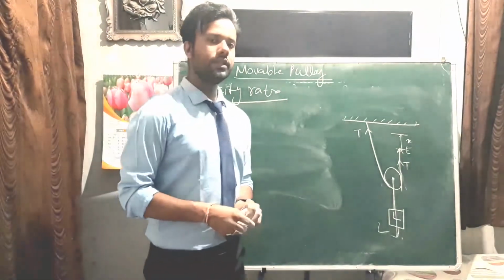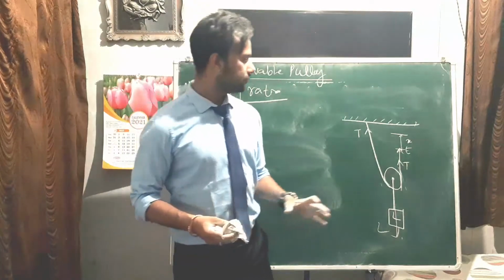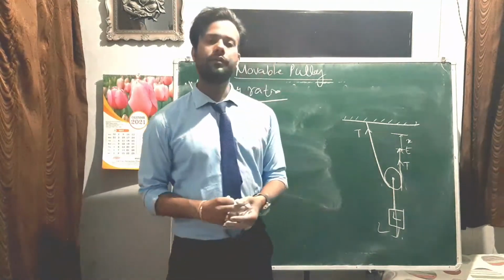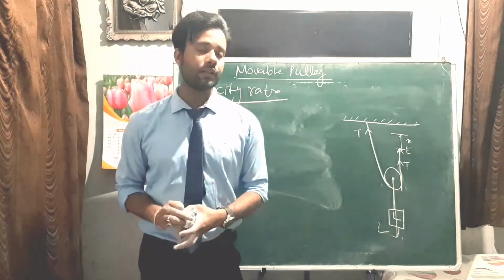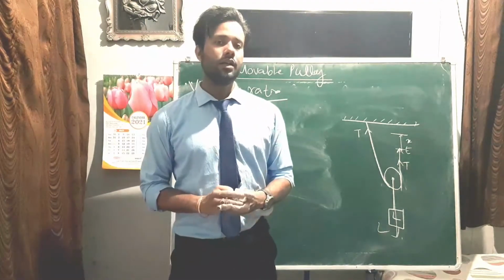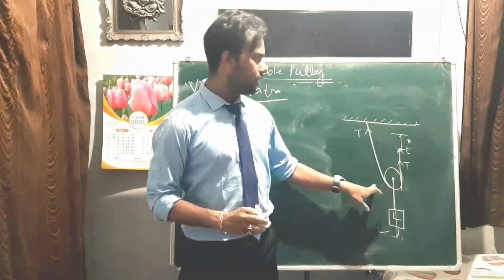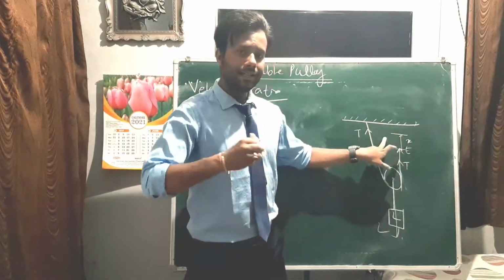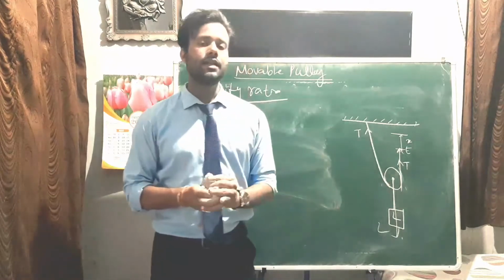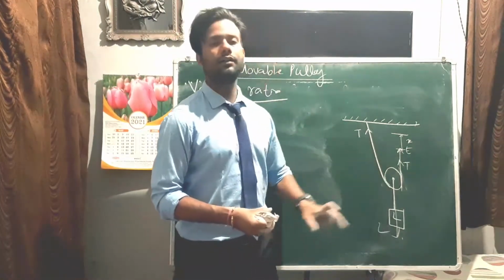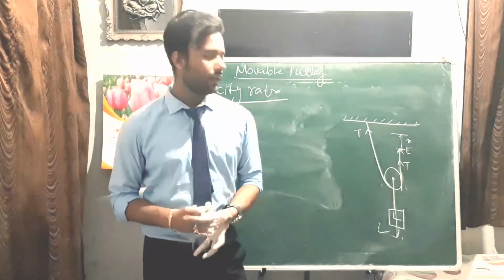Now how does this distance x move in the case of the pulley and the string? Because you can see that now the pulley is not supported by any rigid support. It is free to move. So this distance x is divided equally in the pulley and the other end of the string.